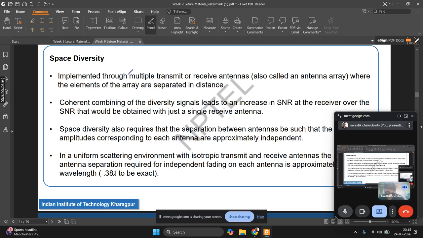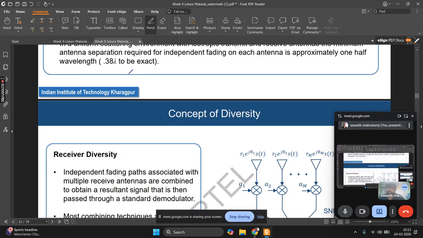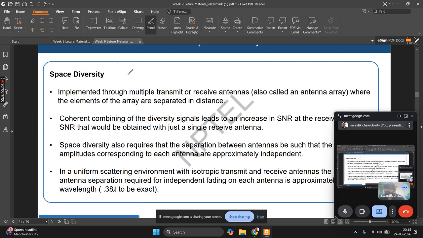Next is space diversity. Space diversity, as I have said, is implemented using multiple transmit or receive antennas. So you have multiple antennas, they will transmit the signal in multiple paths. So the various signals will have a path difference amongst them, and that way you will have space diversity.